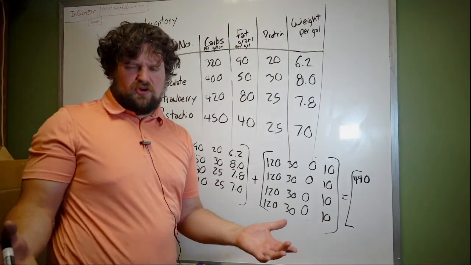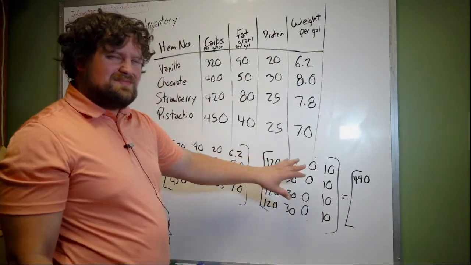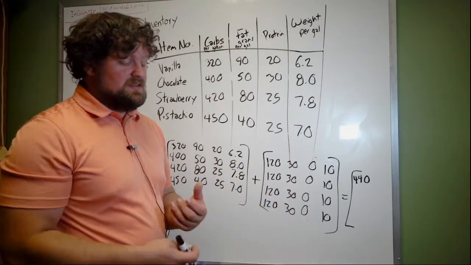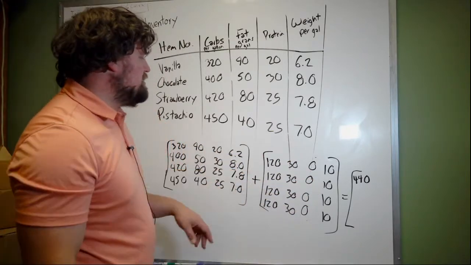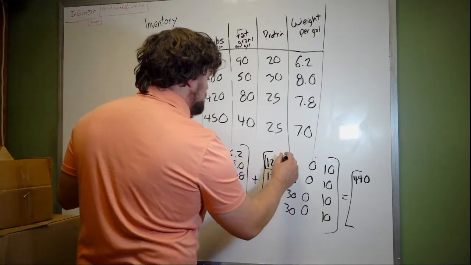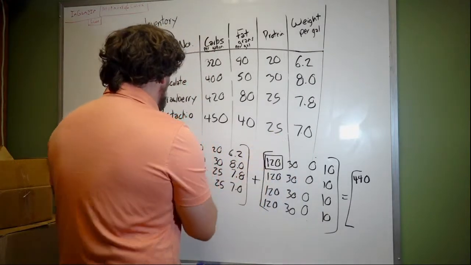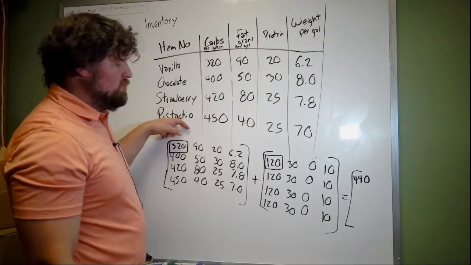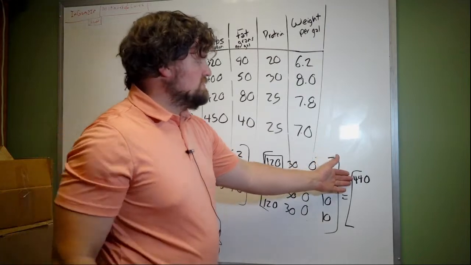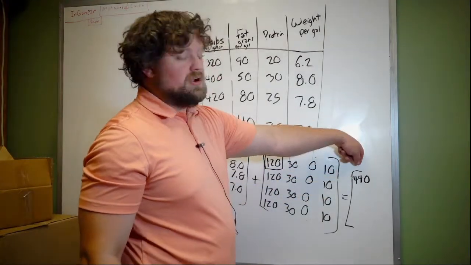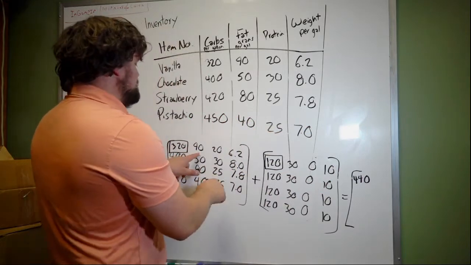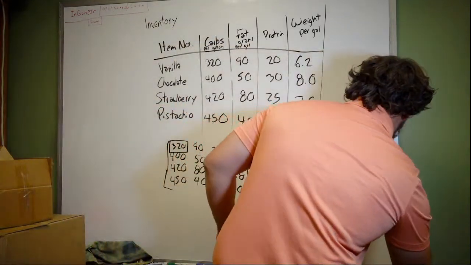They're two different quantities. So the placement of the values inside of our matrix actually makes a difference. Okay, what we end up doing is we say cell 1, which is row 1, column 1, can be added to cell 1, which is row 1, column 1. And that produces cell 1, row 1, column 1 of the final matrix. Okay, and then we keep doing this. 90 to 30, so 120.